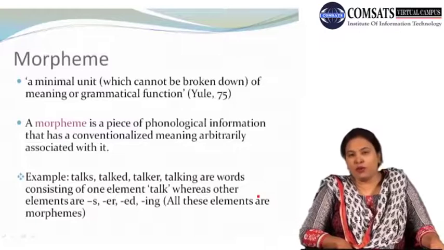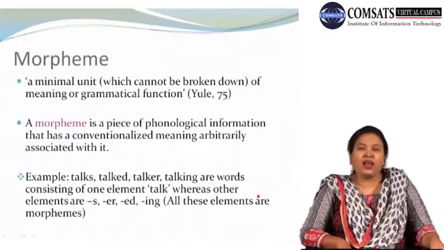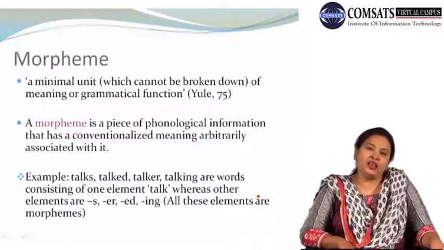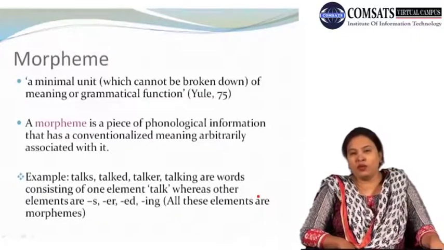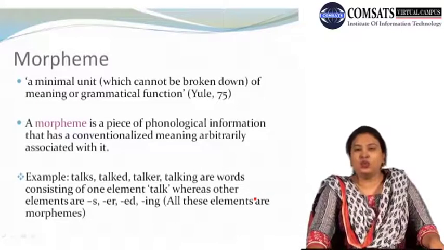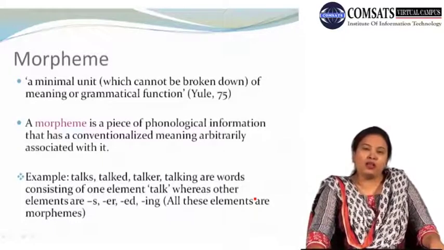Ing is also a morpheme. So in all these words, talk is one meaningful morpheme, but at the same time all the words which are added with it, s, ed, er, ing, all the suffixes which we usually call them, they are also the morphemes. So this way the morphemes are the smallest unit, minimal unit of the syntactic or semantic function.